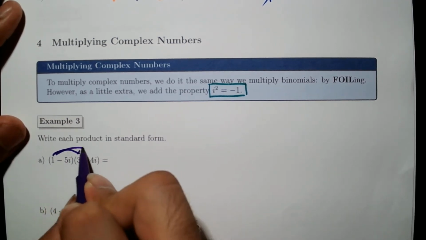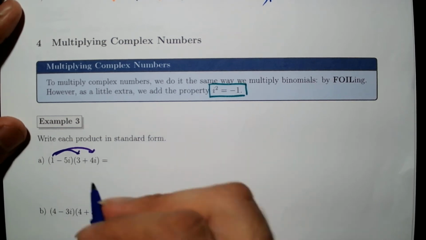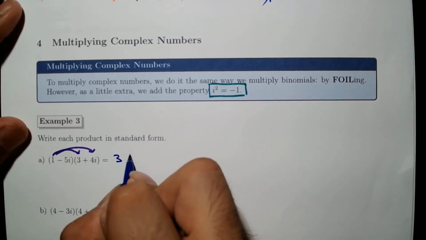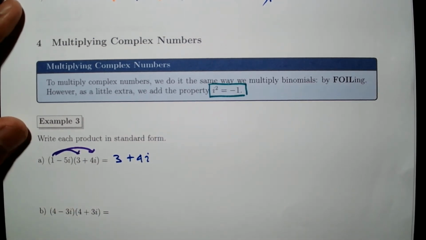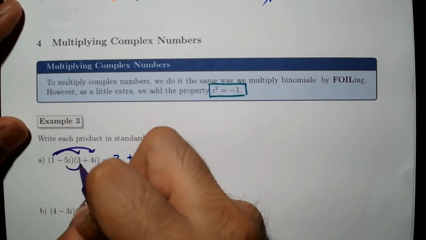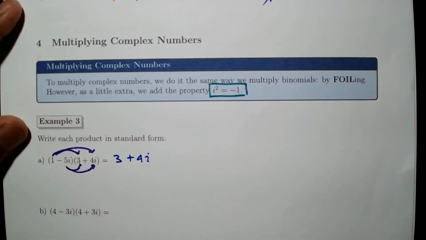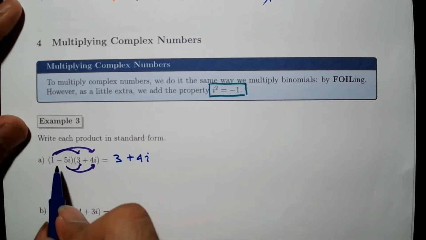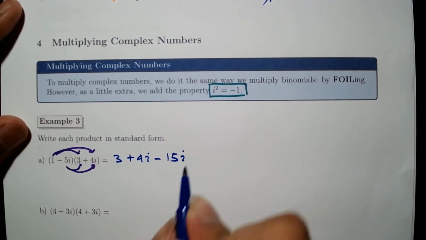1 times 3, 1 times 4i. That is 3 plus 4i, and then negative 5i times 3, negative 5i times 4i. So negative 5 times 3, that's negative 15i.